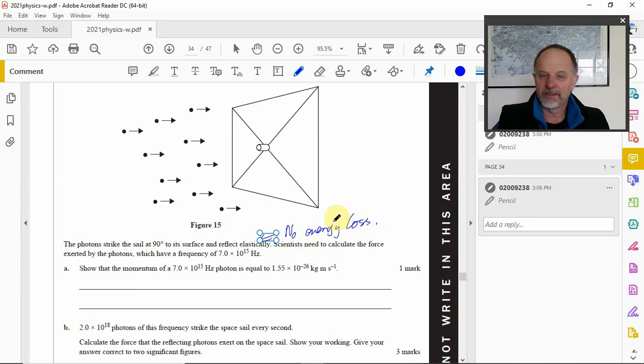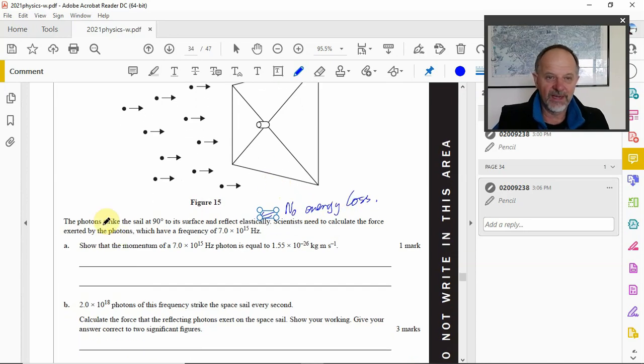All right, so it says show here, that means we've got to have some working out. And it says show the momentum of this frequency photon is equal to that.